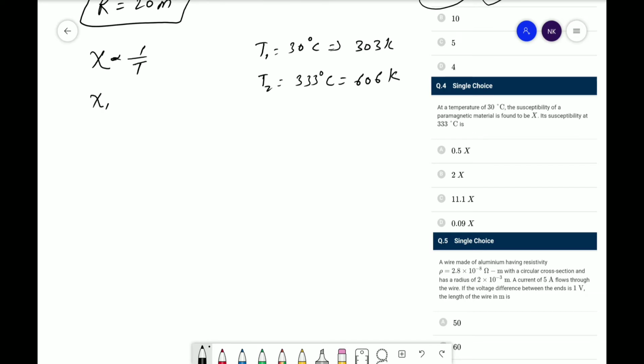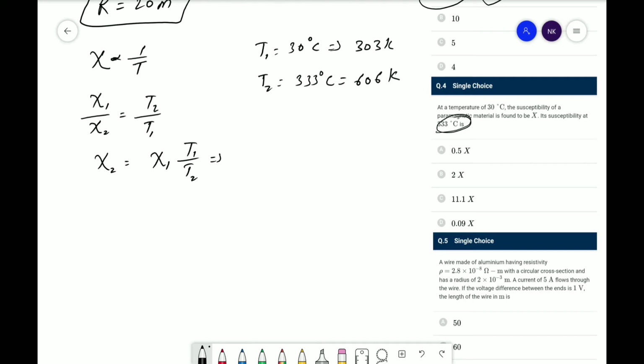Hence chi 1 upon chi 2 will be equal to T2 upon T1. Okay. Now we have to calculate paramagnetic susceptibility at 333 degrees Celsius. Therefore the value of chi 2 is equal to chi 1 T1 upon T2.